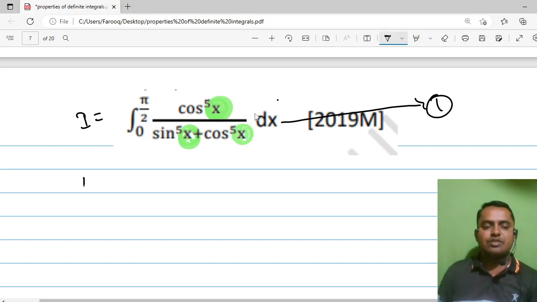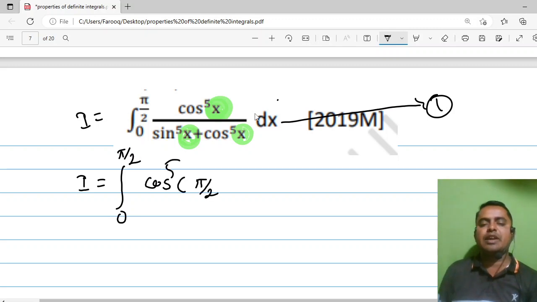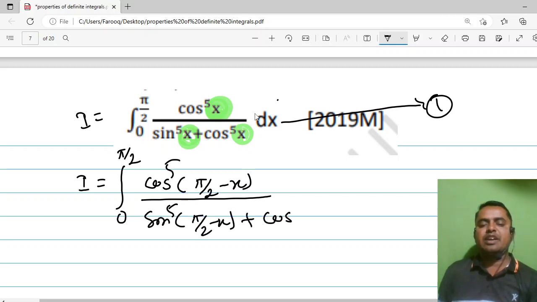That is I is equal to integral 0 to pi by 2 of cos raised to 5 of pi by 2 minus x, by the property, that is sin raised to 5 of pi by 2 minus x, cos raised to 5 of pi by 2 minus x, dx.